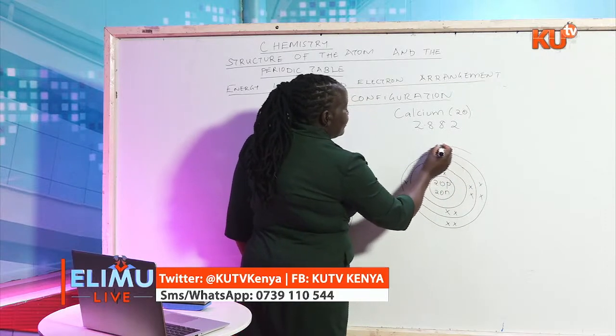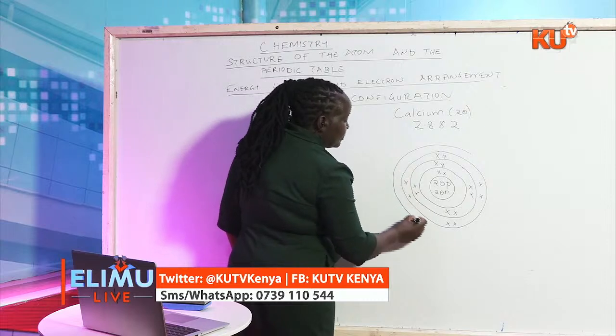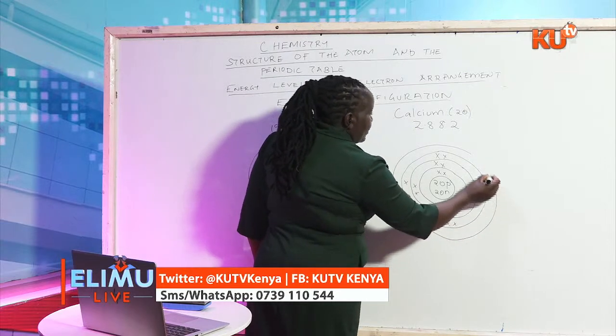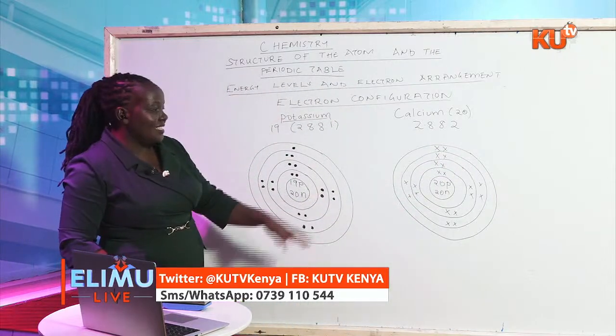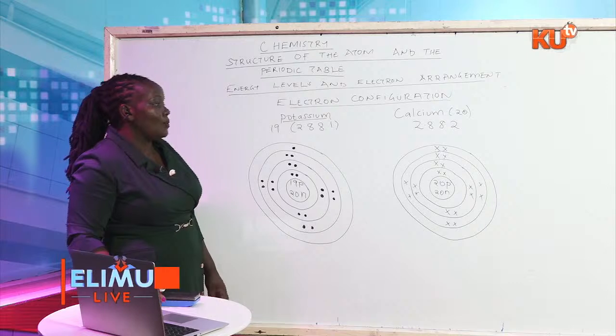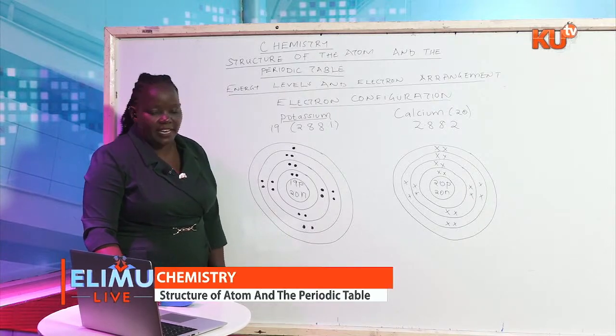And the fourth one with 2 electrons. So that is the representation of calcium in a diagram.